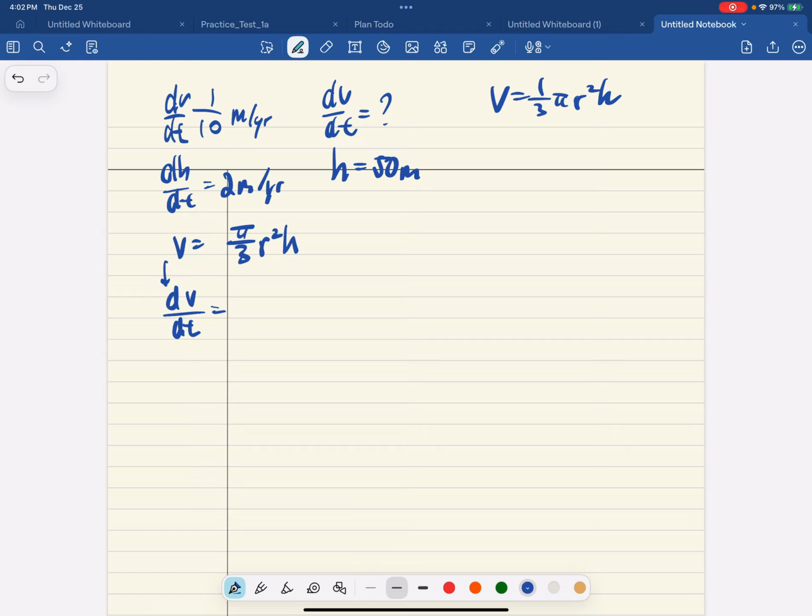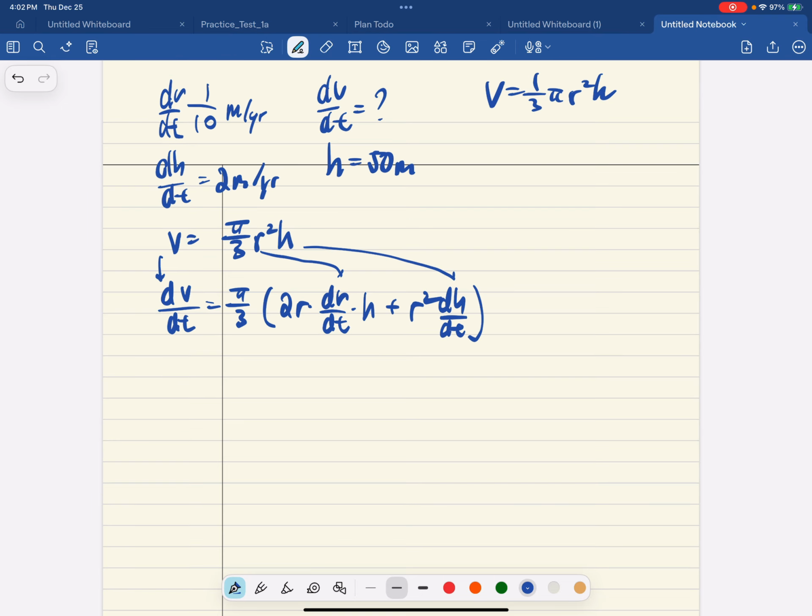First, just write down whatever you have right now. Deriving it normally is what you're supposed to usually do. So this one is a constant, pi over 3 is a constant. 2r, bring it forward, and we have dr on dt because we want it to be prime and it's not with respect to the time, because we're doing it with respect to time over here, times h plus r to the 2 dh on dt because we want the h to be derived, r to be derived.